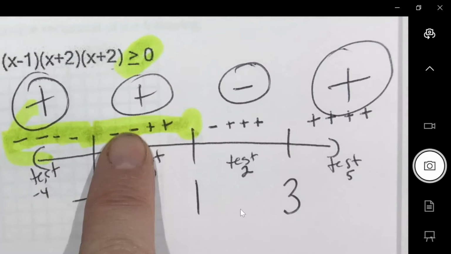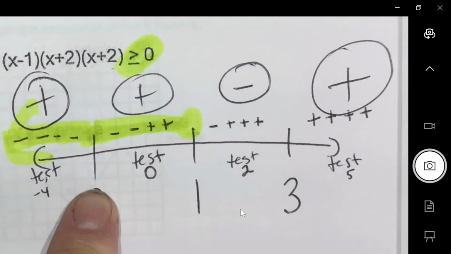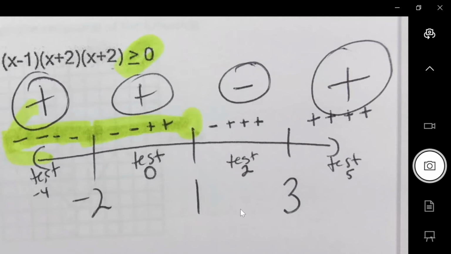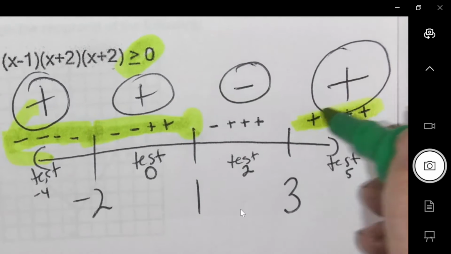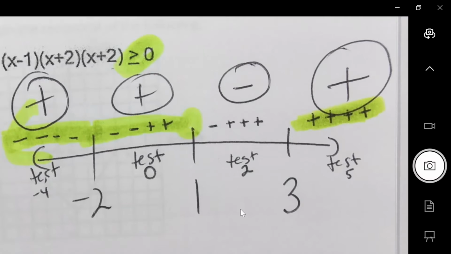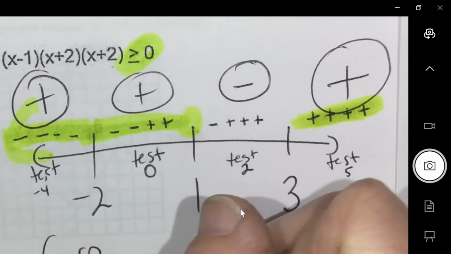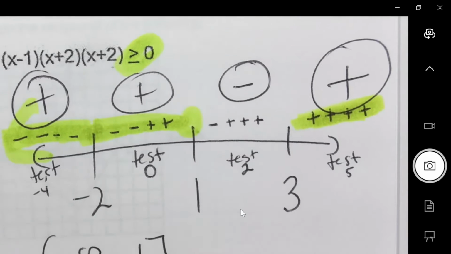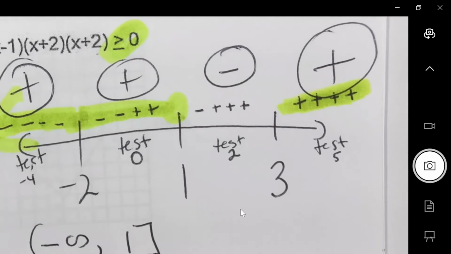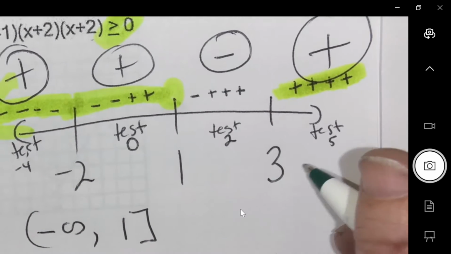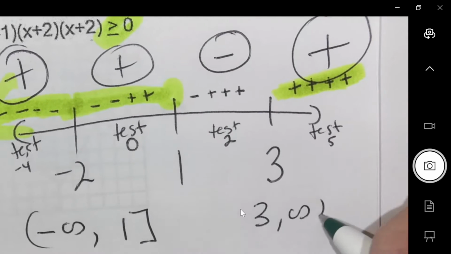If there was no equal sign, I would have to stop and continue separately. And that zone works as well. So from negative infinity all the way up to 1, including everything in that. And then this zone would be 3 to infinity.